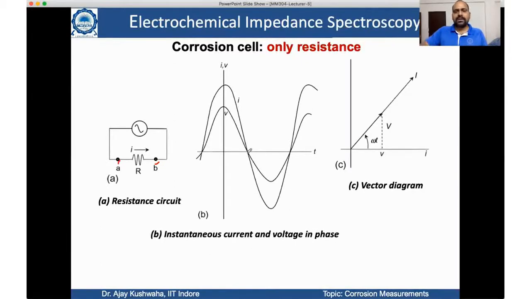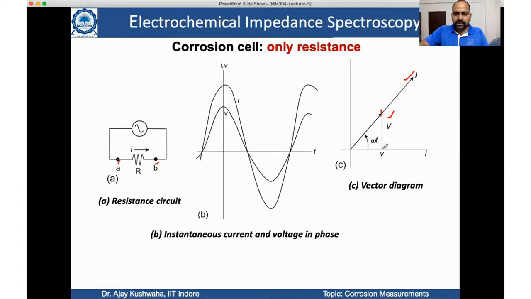So if you see the vector diagram here, this is the axis of current. So this is also the axis of voltage. Therefore, I and V are represented here in the same direction, and if you are measuring the voltage or the current at any time t, then you can make an angle omega t with the x-axis.